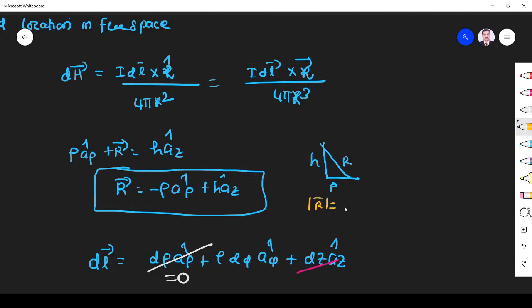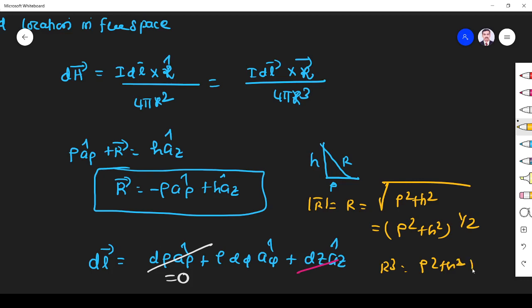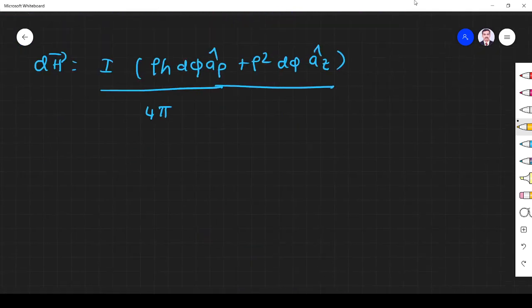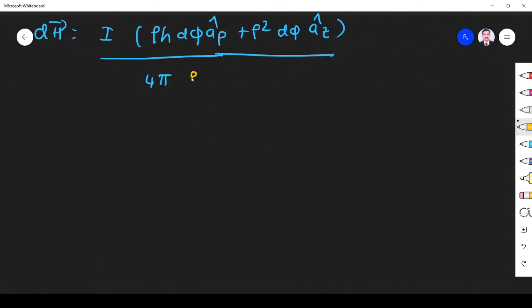Mod R is equal to R, that is equal to rho squared plus h squared to the power 1 by 2. But what I need in the denominator is R cube. So R cube is equal to rho squared plus h squared power 3 by 2. Fine.